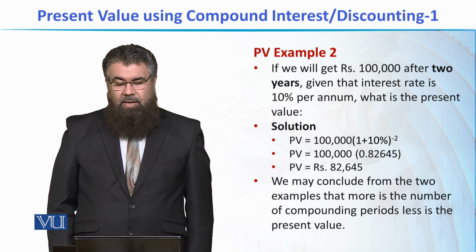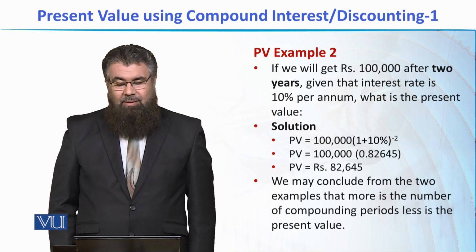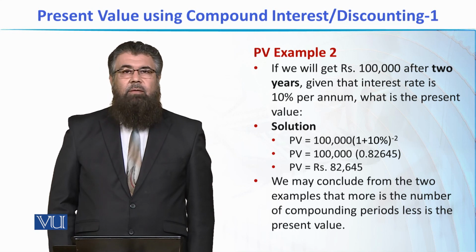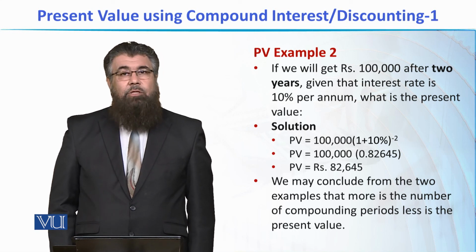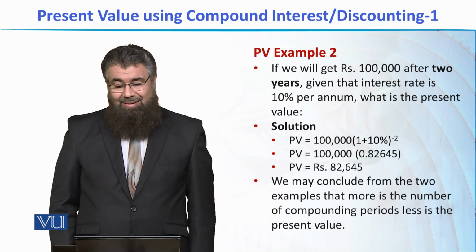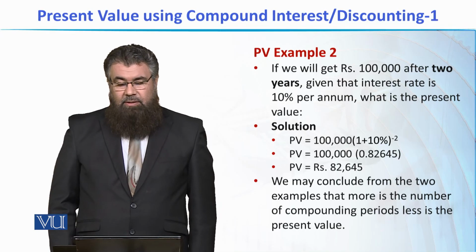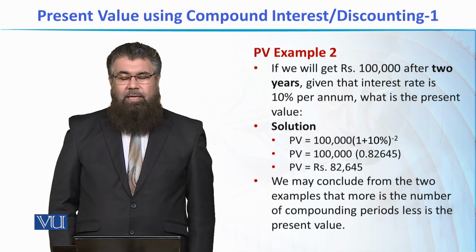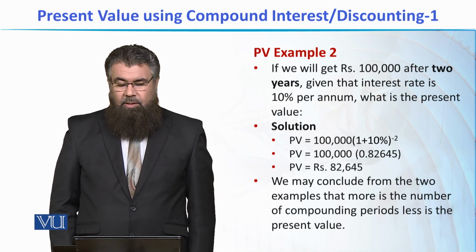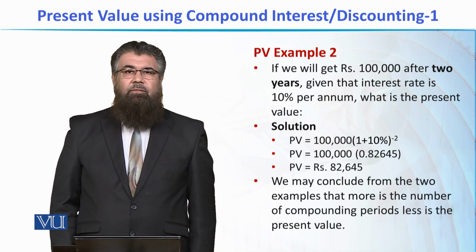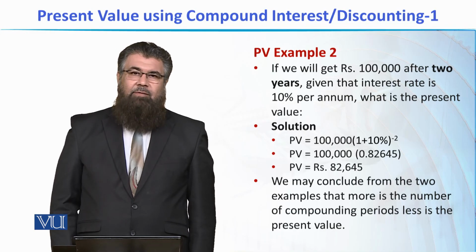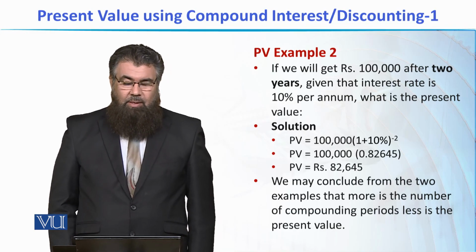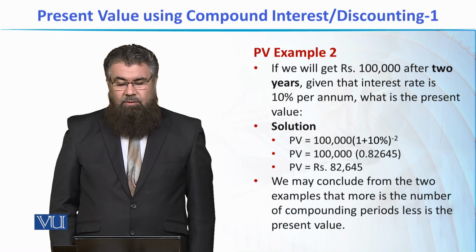100,000 is multiplied by the discounting factor, that is 1 plus 10% raised to the power minus 2, because this amount is 2 years from now. 100,000 multiplied by the value of this factor, once we use the calculator, we'll get the answer equal to 0.82645, which will then be multiplied by the future amount to get the present value, that is 82,645.